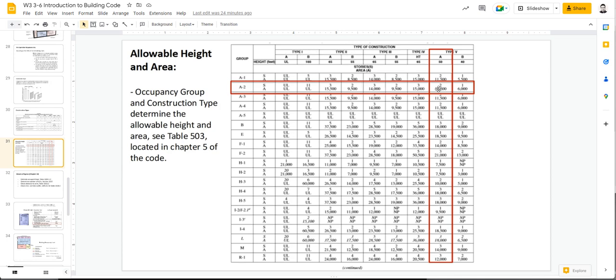Okay, and yeah, the maximum we can do is 2 stories, and the maximum area is 11,500. So this is where we are going to dwell. Now you might say that I'm going to use steel because the hypothetical owner didn't require me to build it out of anything. Yeah, you can. But also we're gonna try to be as realistic as possible.